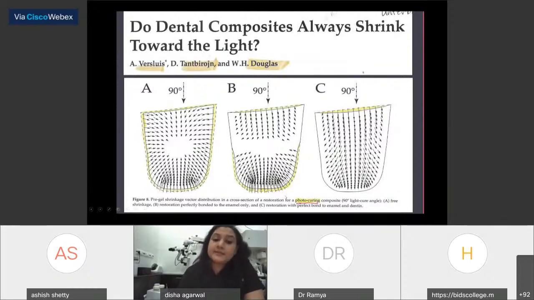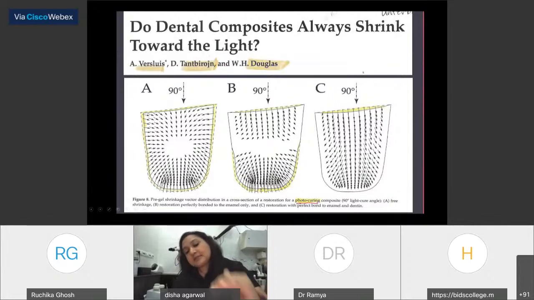That is the reason why the composite appears to be moving towards the light. But it's actually moving towards this enamel surface, which, because of the presence of the light, is getting bonding strength faster than the base, because the light intensity reaching the base is slightly less than at the top.